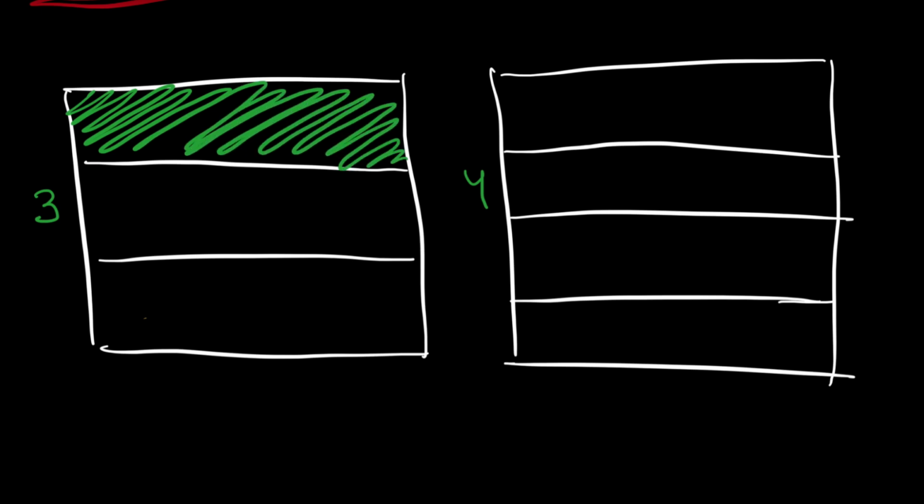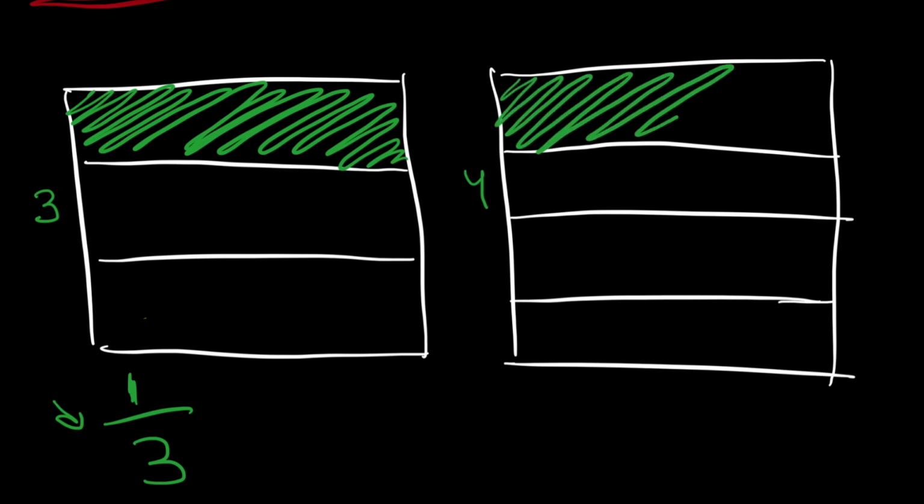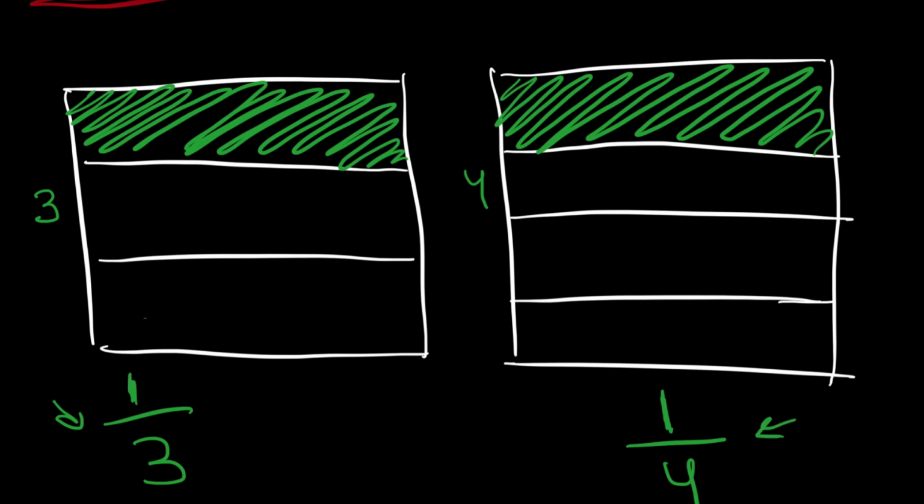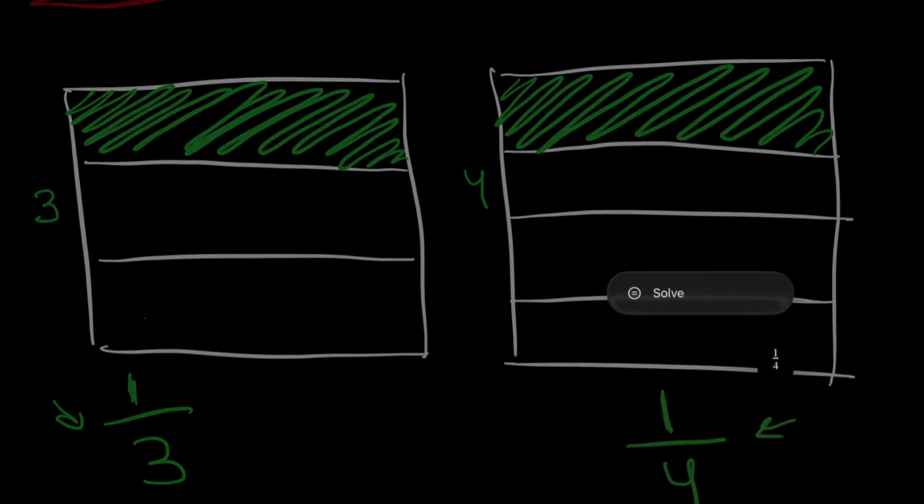Well, I shaded in 1 piece out of 3 total pieces, so the fraction would be 1/3. And what's the fraction of the square that I shaded for the second square? Well, I shaded 1 piece out of 4 total pieces. So the fraction would be 1/4.